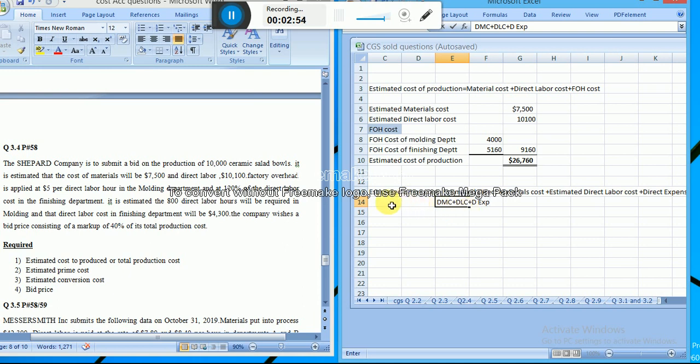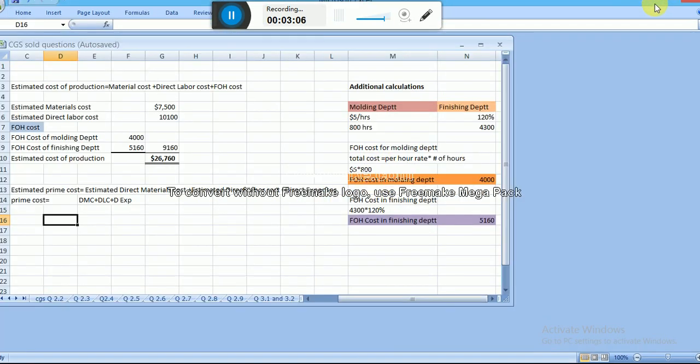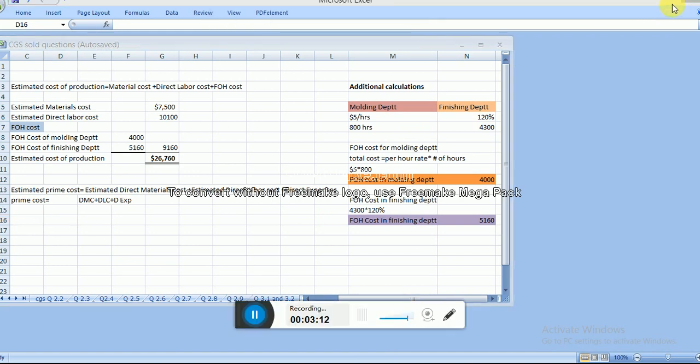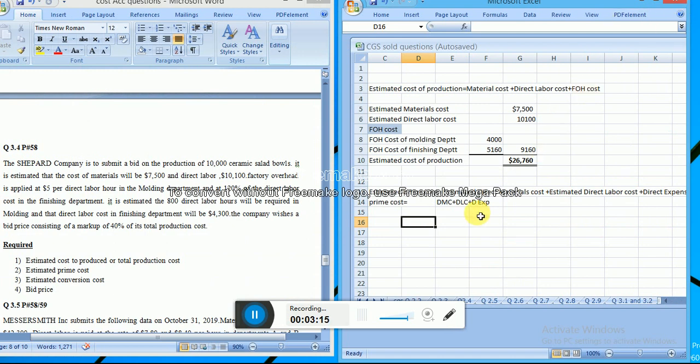This one, prime cost. Now we are moving towards the solution of this question.